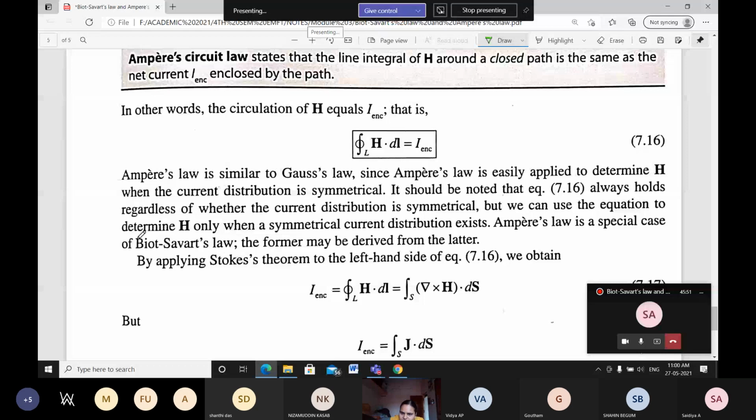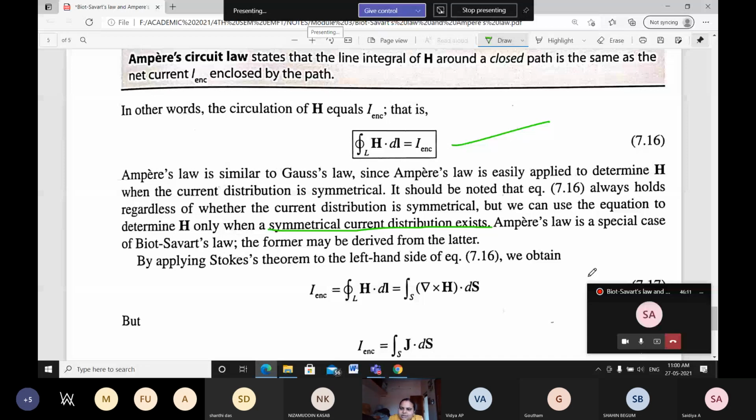It means the path we take should be similar, it should not be any bended way. Based on the structure, the current distribution will be varying, but here it should be a symmetrical distribution.